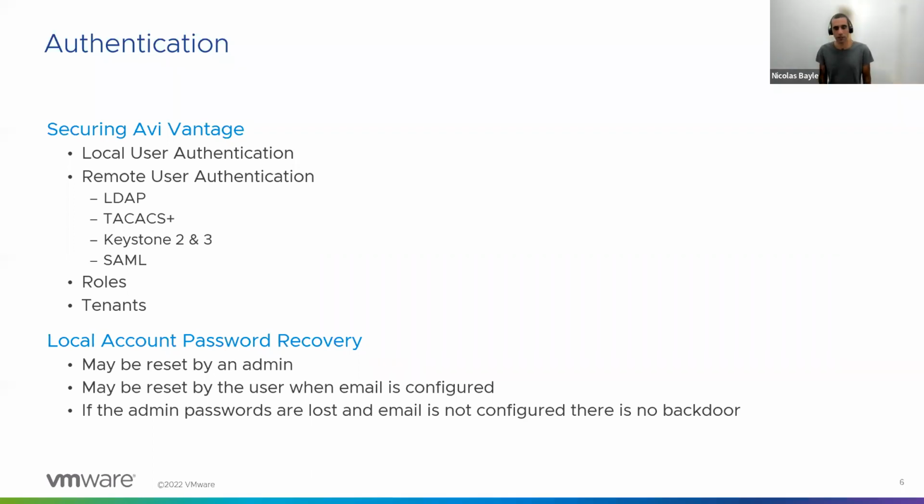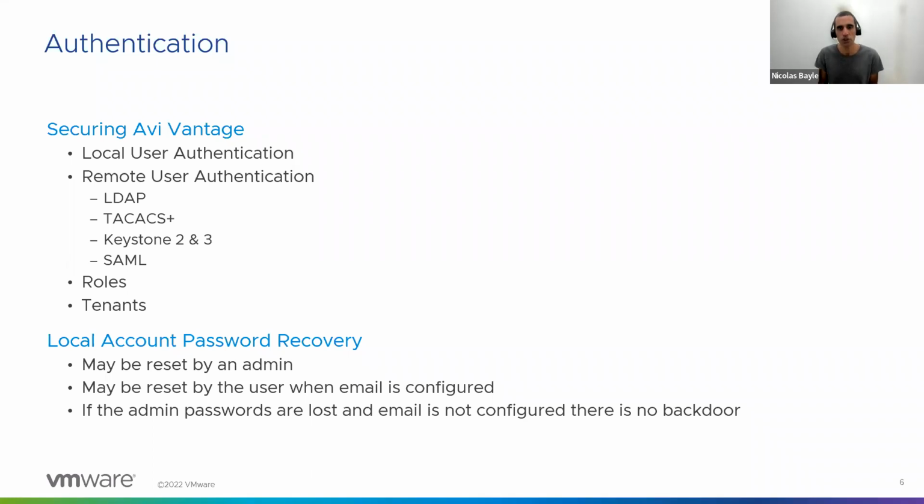One thing to remember here is if you want simultaneous remote user authentication, let's say simultaneously you want to leverage Keystone and LDAP. In this case, you will need to have 2 different AVI controllers. Having said that, for some combination, especially for instance, I think LDAP and SAML, you can use both of them within the same AVI controller.